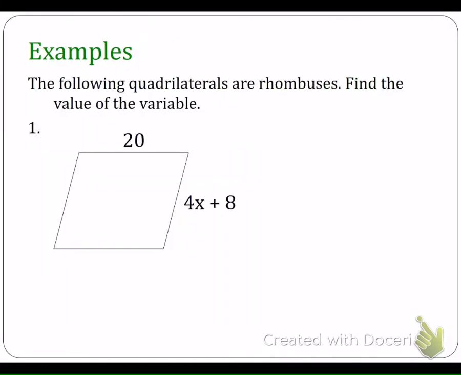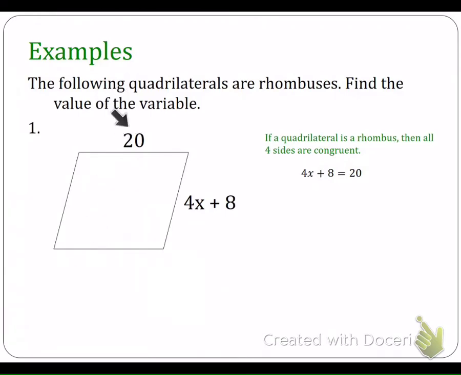Example 1 says, the following quadrilaterals are rhombuses. Find the value of the variable. What do I know about the sides of a rhombus? They're all equal. So I can set those 2 expressions equal. So 4x plus 8 equals 20. Now, last week on a parallelogram, you might be saying, well, we already did this.